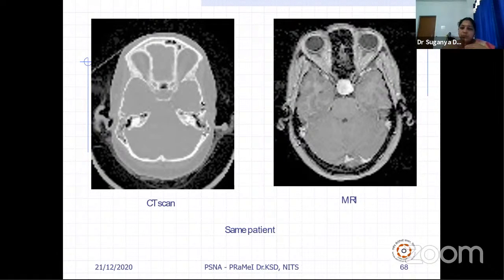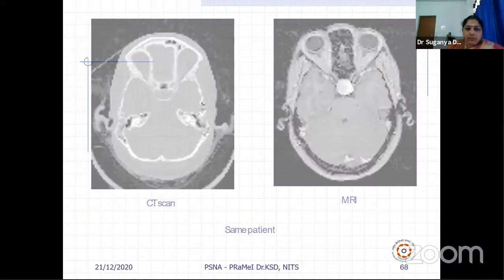Instead, we can give some algorithms that can fuse both the MRI and CT images of the same patient, and from that we can identify useful information to give to the doctors. So that also we can do. That is the fusion of imaging modalities, also a very good research topic that we can try.